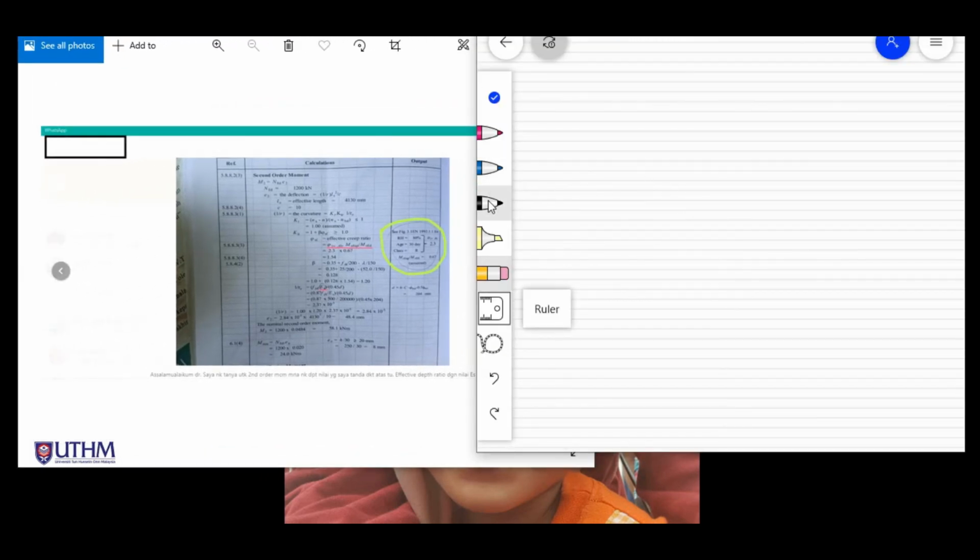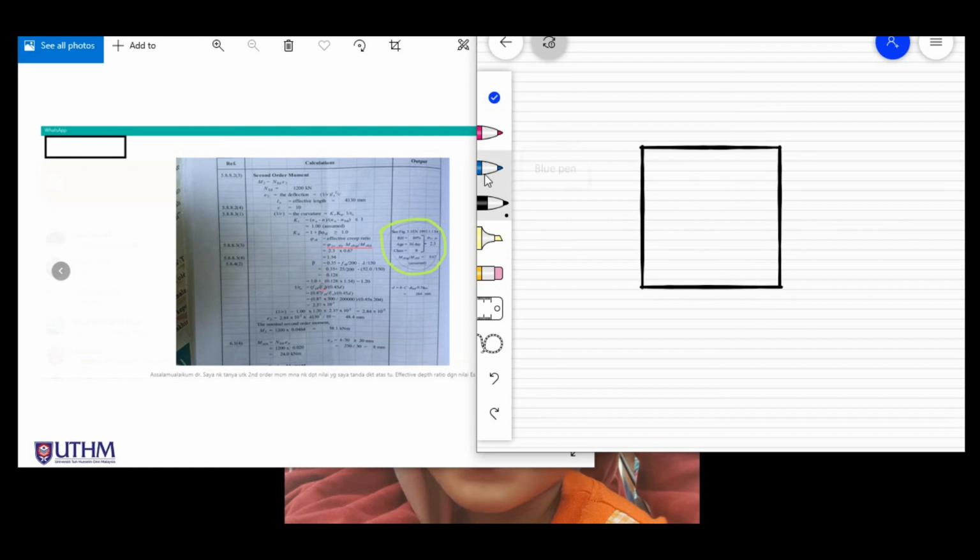So let me draw it like this. This is the cross section for a column, and here is the reinforcement. You need to provide shear link for the reinforcement arrangement, with a certain diameter.